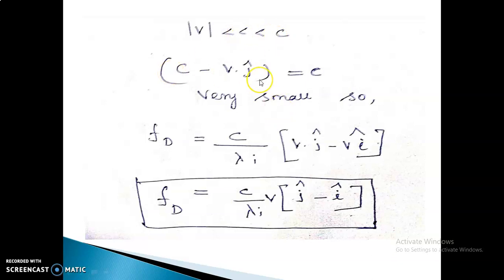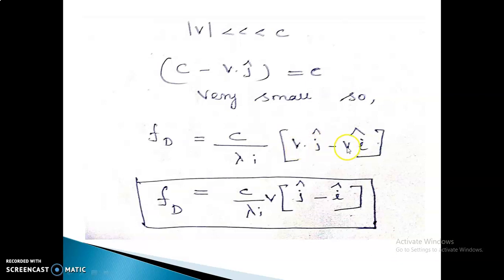So C minus Vj cap, that is unit vector, we are just going to substitute with C because of a very small value. So your frequency shift becomes Fd equal to C by lambda I of V into J cap minus V into I cap.